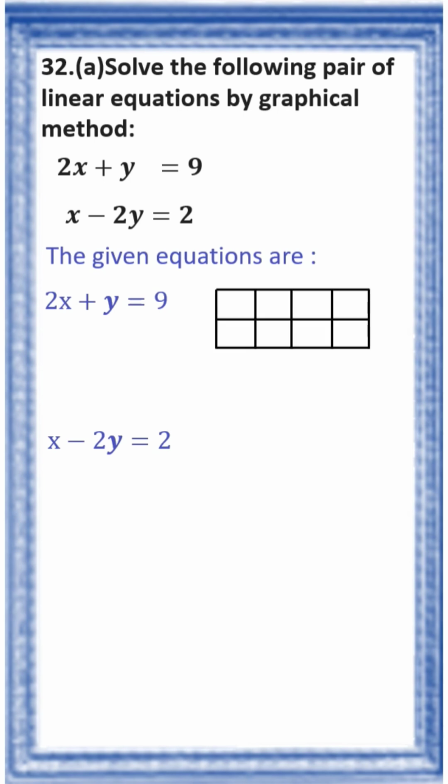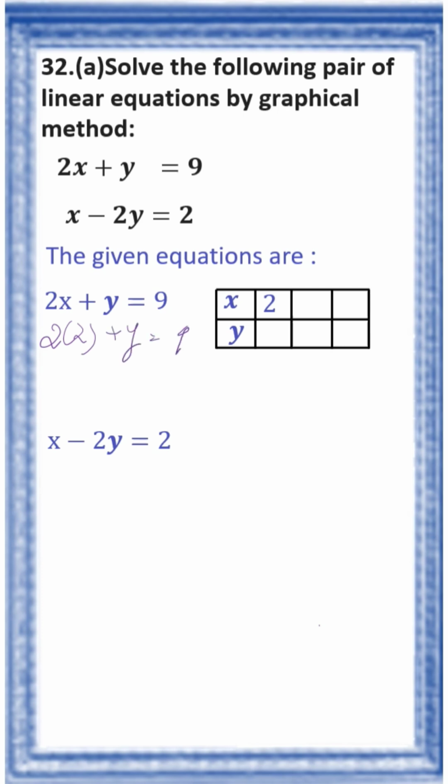Now let us put a table of values for x and y for the first equation. If you put small values for x like 1 or 0, you will get y the bigger values. So let me put x is equal to 2, then 2 into 2, 4 here, plus y is equal to 9.